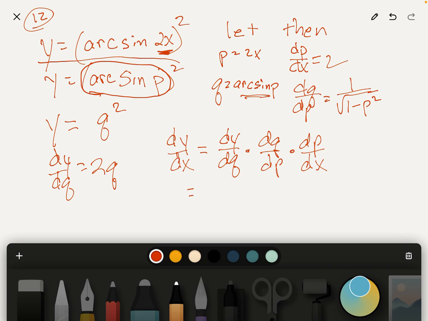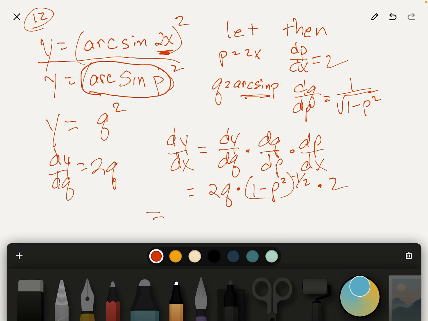And so now we just plug in dy dq, that's 2q, dq dp. I'm going to write this a different way. I'm going to write it as 1 minus p squared to the negative 1, oh, excuse me, negative 1/2. Yeah, negative 1/2. And then dp dx is simply 2.